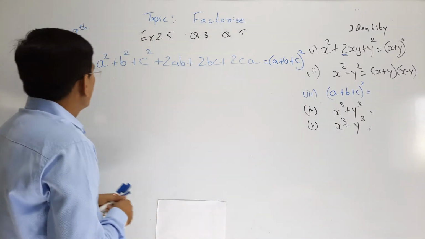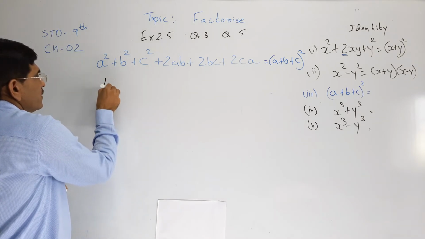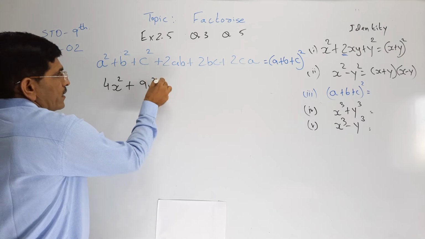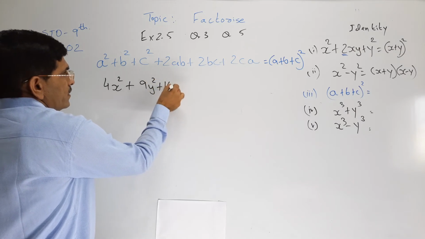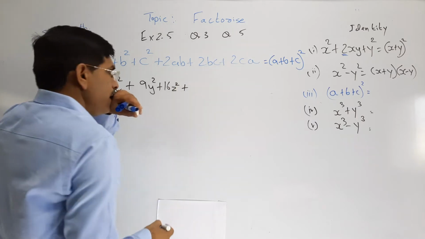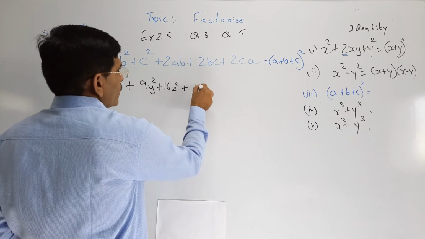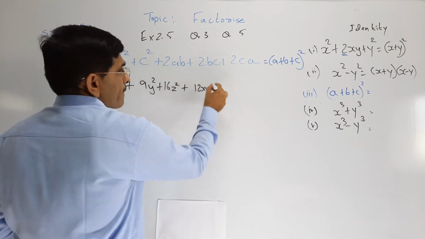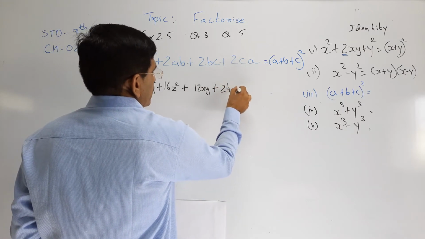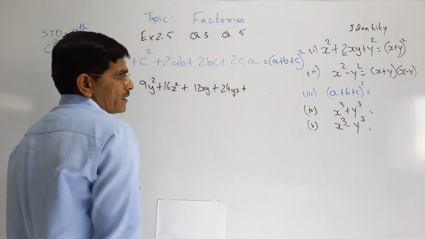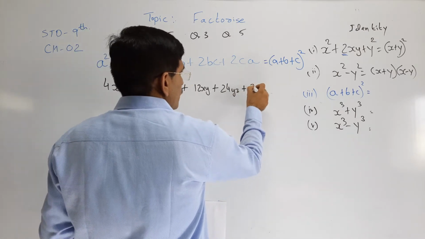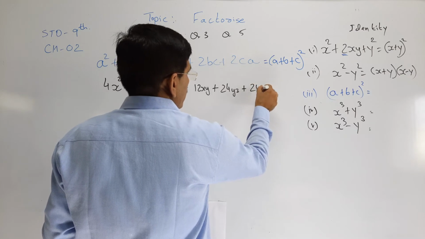So I am writing one question: 4x square plus 9y square plus 16z square plus 12xy plus 24yz plus 24zx.